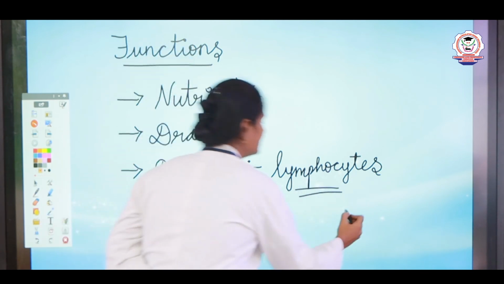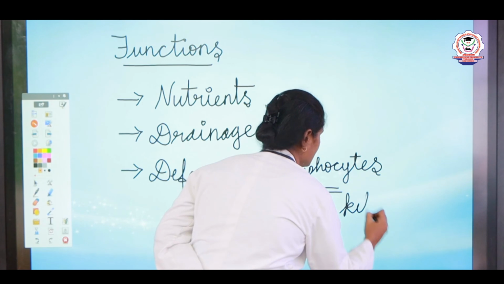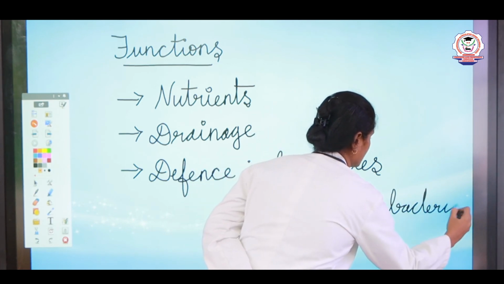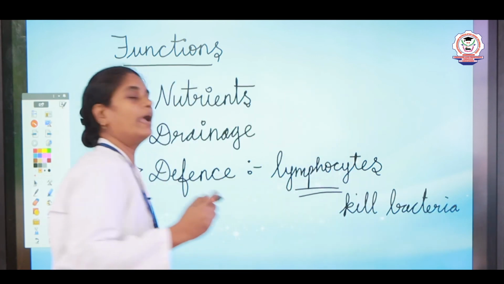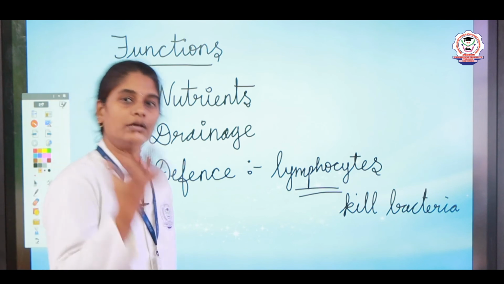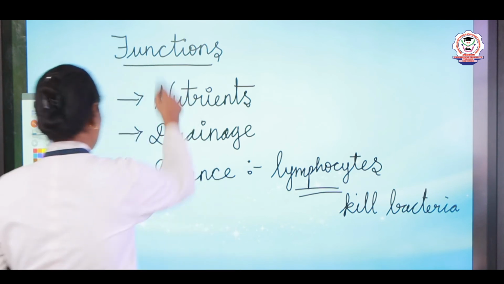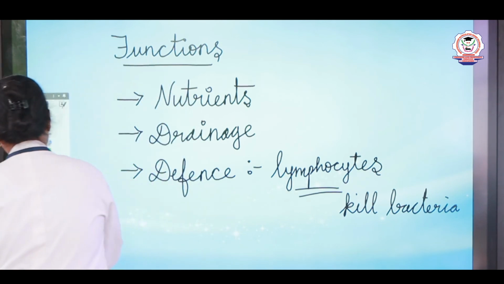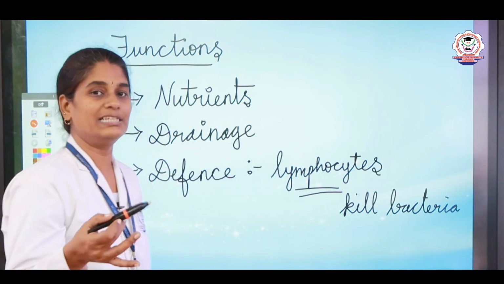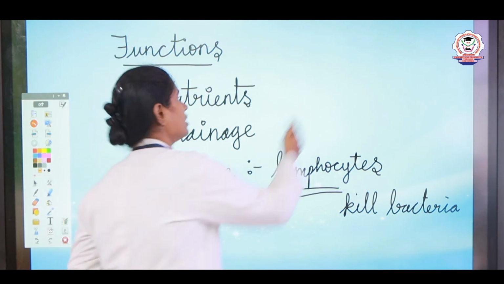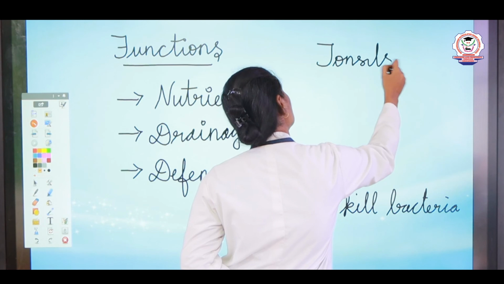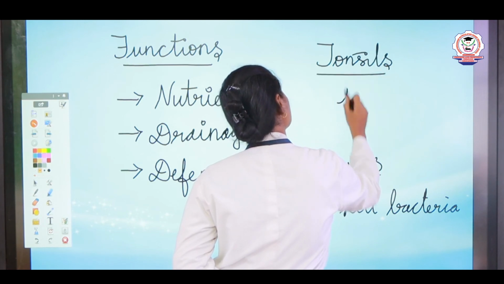So, the lymphocytes will kill the bacteria, right. And also it helps in maintaining the immunity of the body, right. So, these are all the functions of the lymph, right. And one of the lymph nodes that is present in our neck region is the tonsils. So, tonsils is one of the lymph nodes.